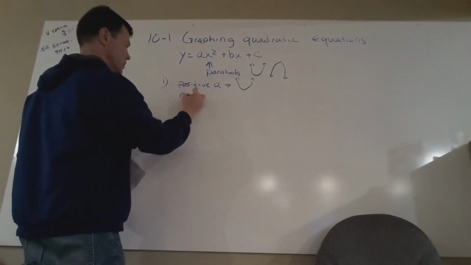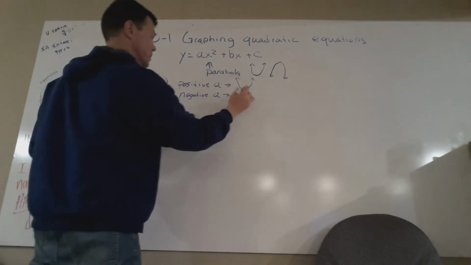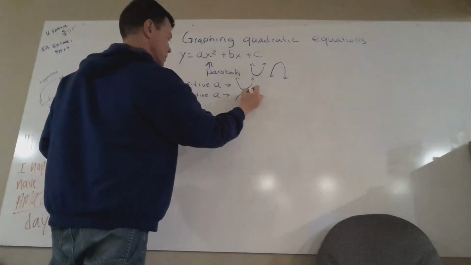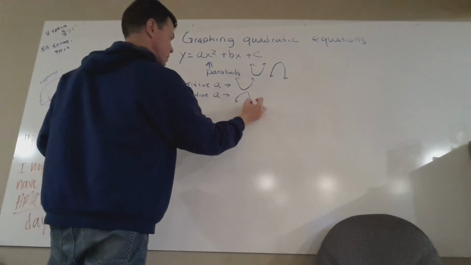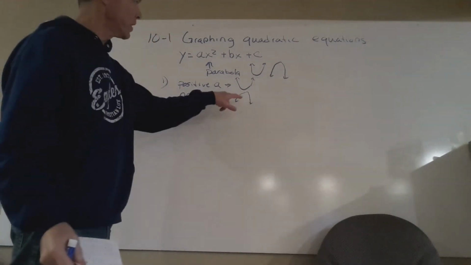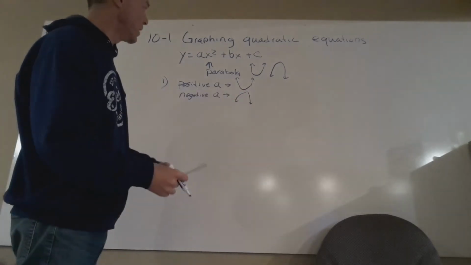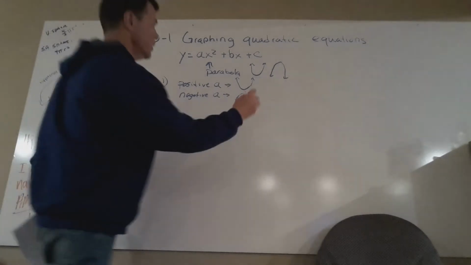Negative A is this form. And you can see with either one of these, they come to a certain point and then it turns around and goes back the other way.